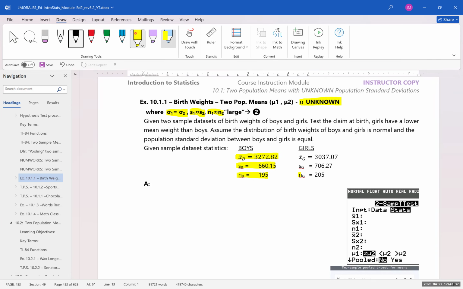All right, so we've got a sample size of 205 girls with a mean weight of 3,037.07 grams and a standard deviation of 706.27. So let's look first at step one, which is our given information.